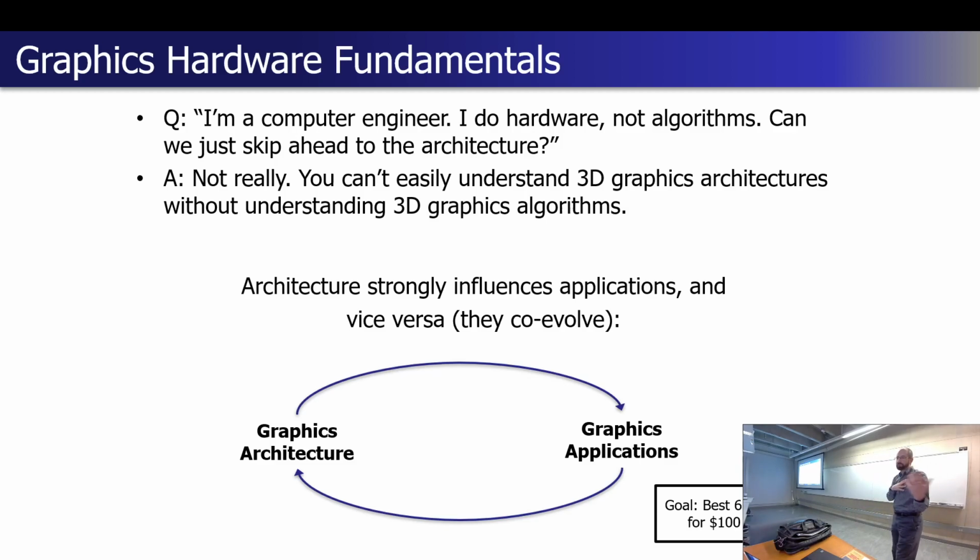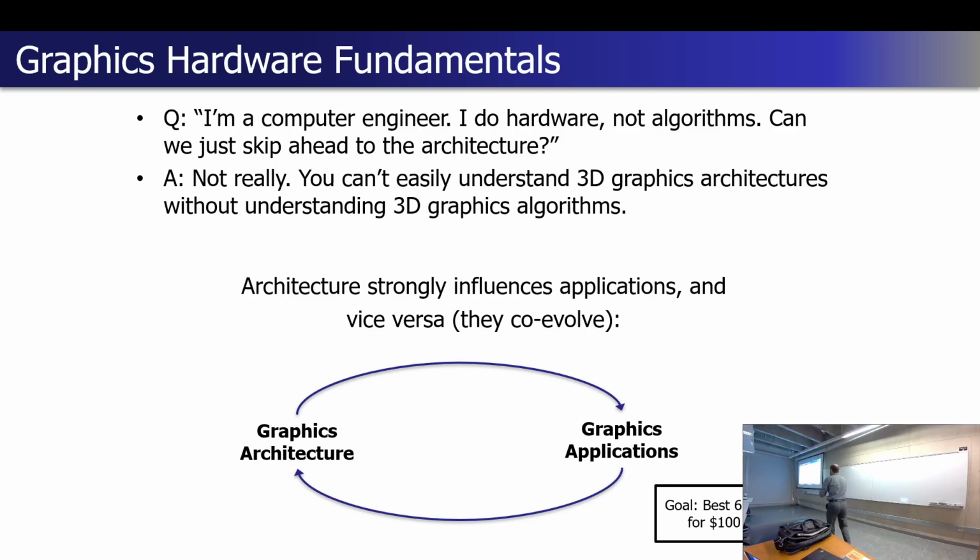The architecture strongly influences what applications are possible, and the applications and the algorithms strongly influence what the next generation of architecture looks like. So it is this kind of constant feedback loop with the end goal of, how can I get the best possible 60 or 120 or whatever, 240 hertz image for roughly $100, $200 worth of silicon real estate.